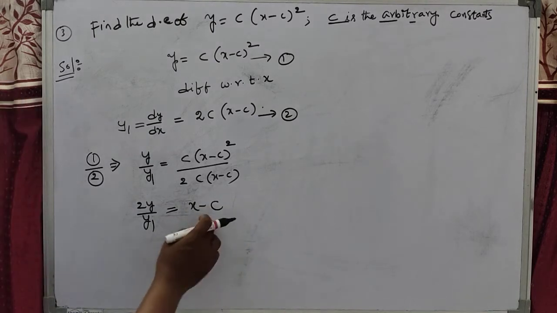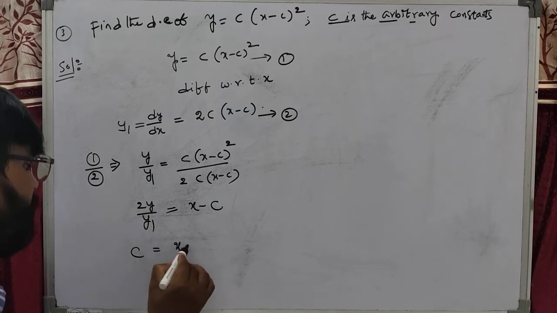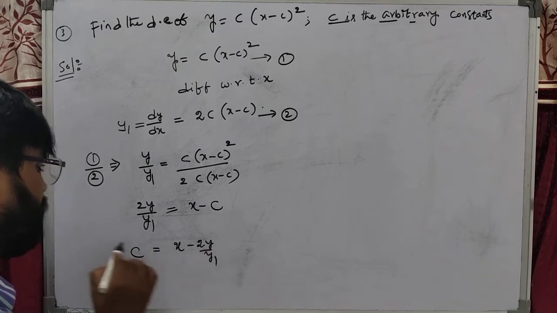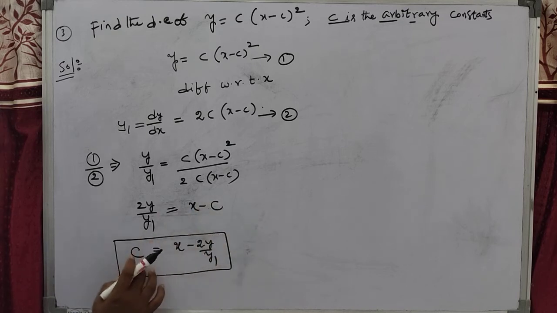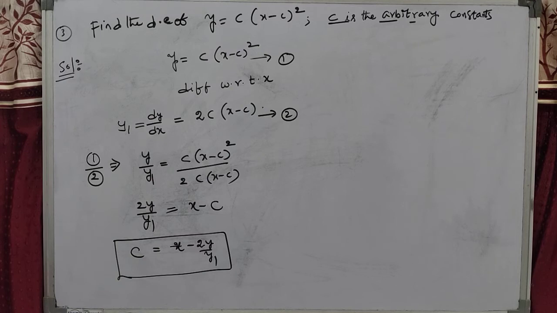The minus c standing on the other side becomes plus c. What did we get? c equals x minus 2y by y1.